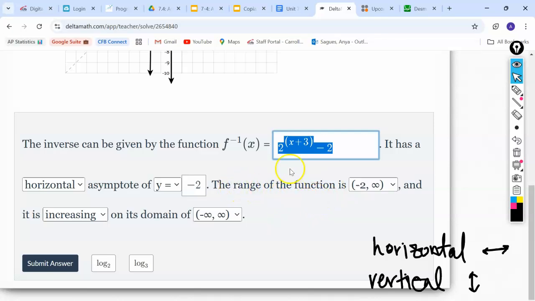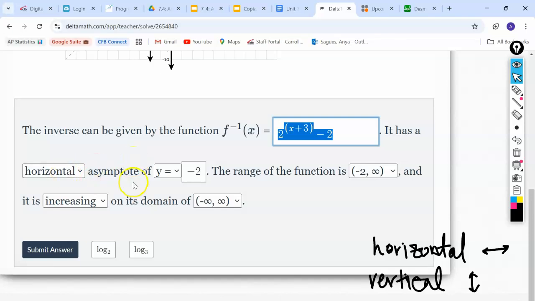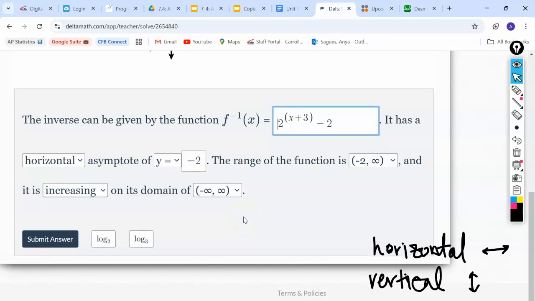If you have the word log in your inverse function, basically all this stuff is going to be a little bit different. The range and domain is different. It's not exactly the same. For exponential, some of this stuff is going to be familiar. So if your inverse function looks like this, it is going to be pretty similar. If it is logarithmic, it is not. So please keep that in mind. Look at other examples. Let me know if you have any questions.